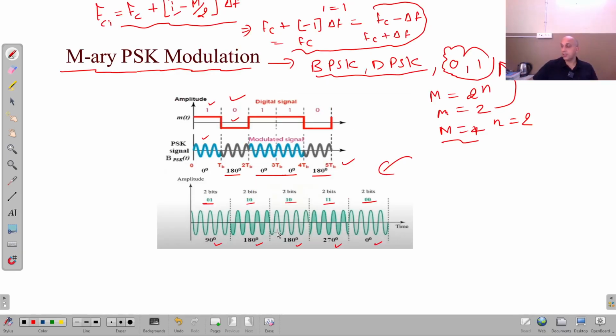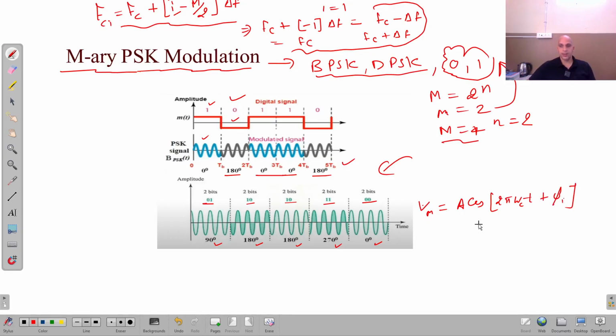So for it again I am going to write down the expression: V M-ary is equal to A cos of (2 pi f_c t plus phi I), right?